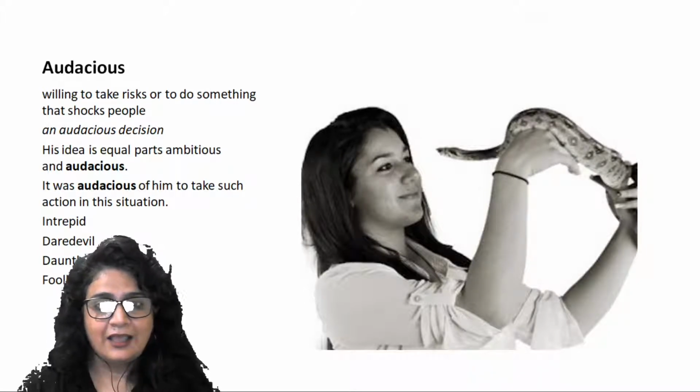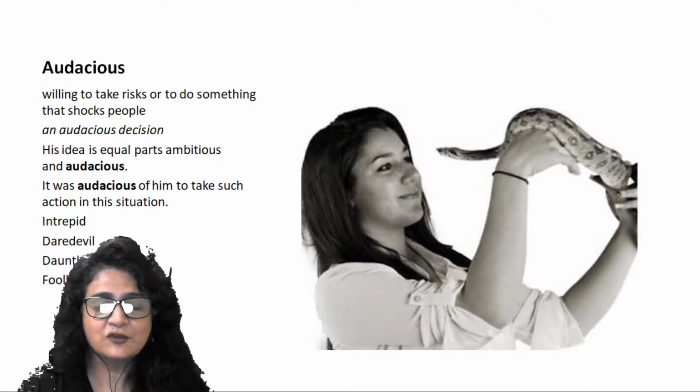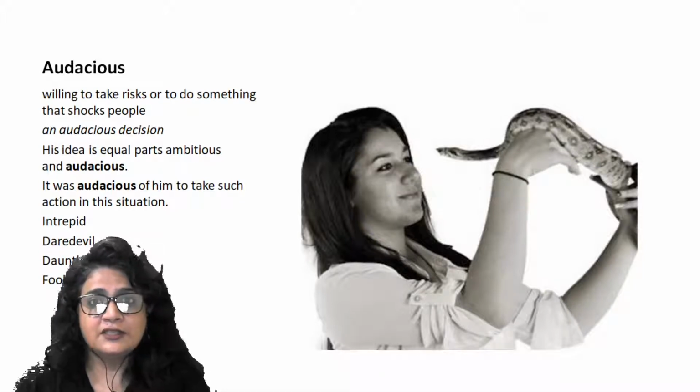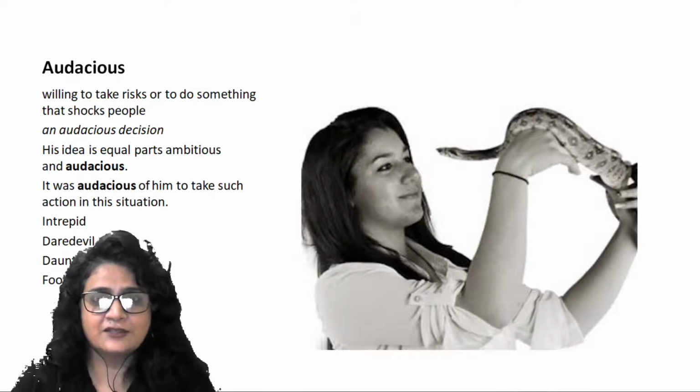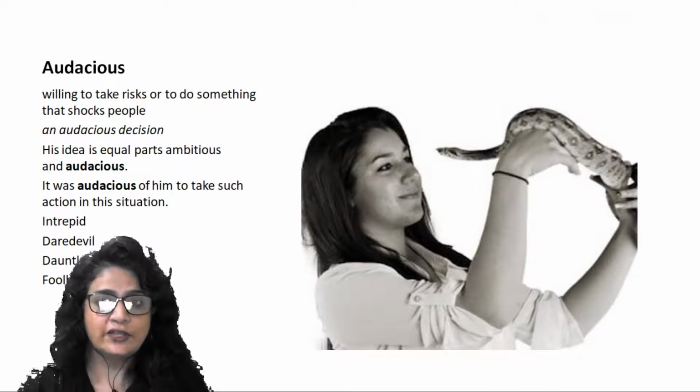So that is what audacious is. She seems to be an audacious girl, putting her life into jeopardy just for the sake of an adrenaline rush. That is audacious. Daredevilry is another word used for audaciousness.